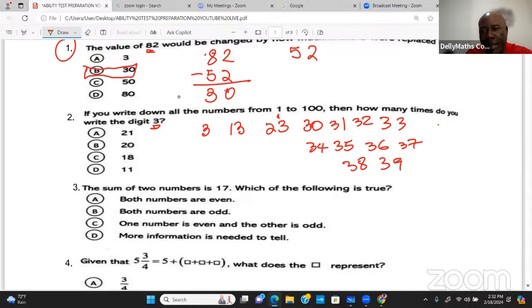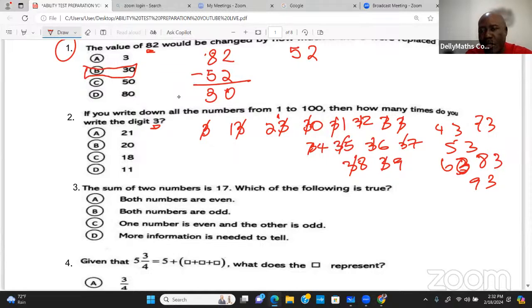Then we're going to have 43, 53, 63, 73, 83, 93. So all we have to do is just to check them off, right? So we have 1, 2, 3, 4, 5, 6, 7, 8, 9, 10, 11, 12, 13, 14, 15, 16, 17, 18, 19, 20. So we would have written the digit 3 20 times.